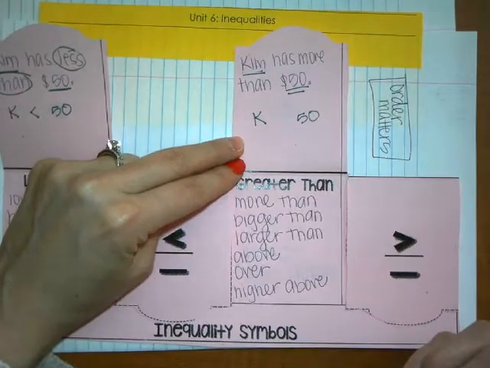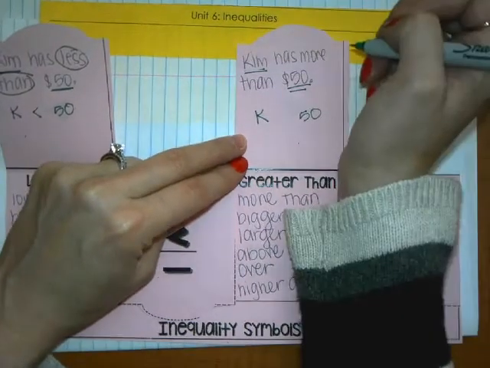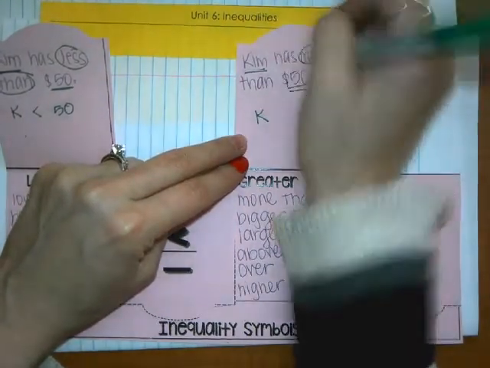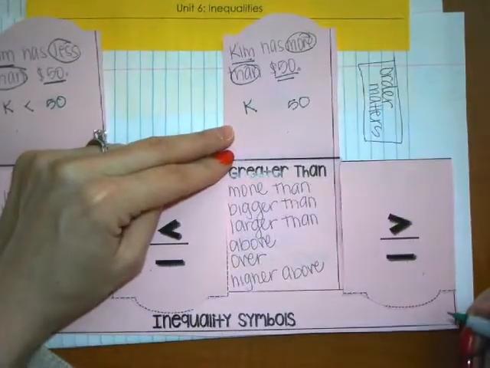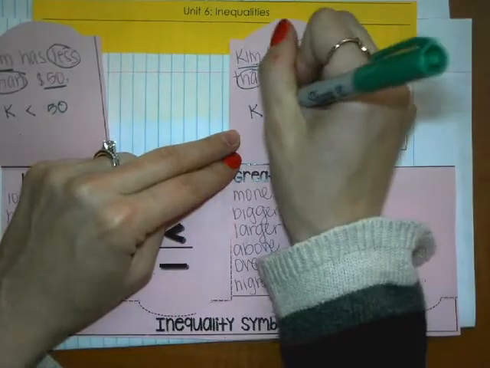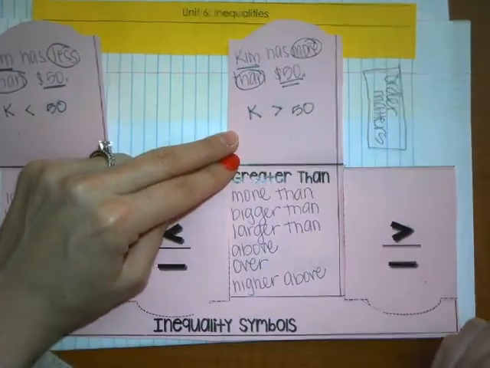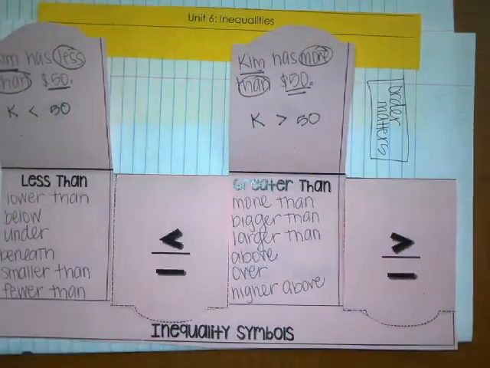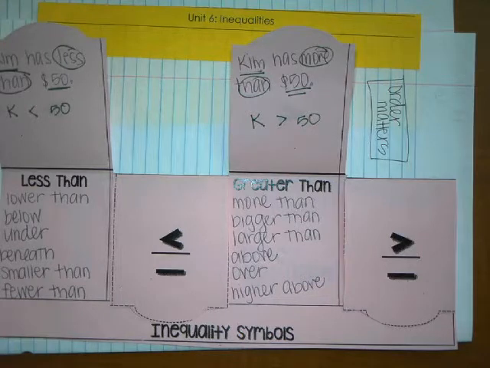And what's my keyword, everyone? More than. And more than means what symbol, everyone? So we put a greater than symbol. So K is greater than 50. When I say both of those, when I say K is less than 50, Kim has less than 50, can she have $50?